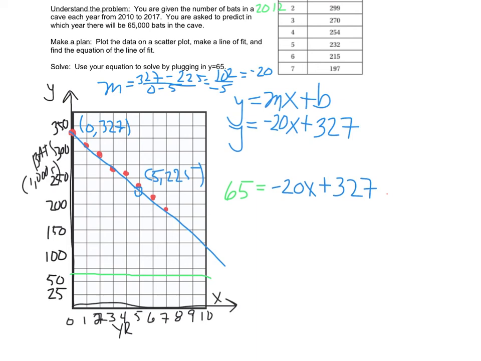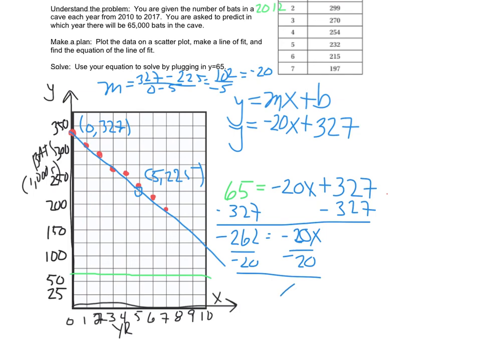And then this, again, we keep running into solving equations all year. We're going to do this on both sides. And I get negative 262 equals negative 20x. And when I divide by negative 20, I get x equals 13.1.